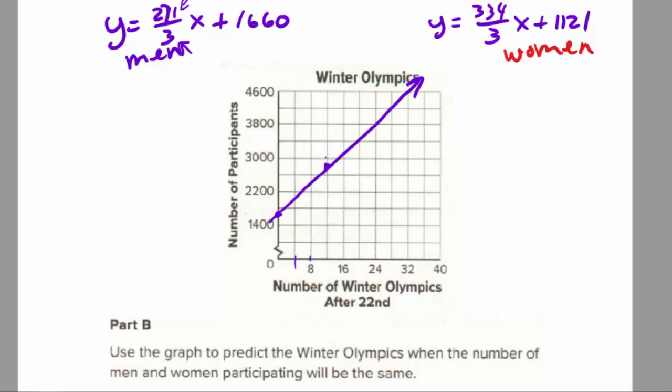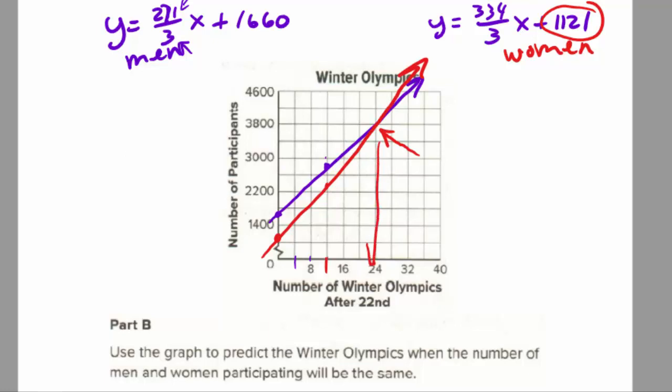So there's one graph. And our second graph is going to begin at 1121, which appears to be right around here. And I'm going to try to plot a point underneath this going over 4 times. If I go over 4 times, though, I'm going up about 1,300 or so from that point, which would put me right around here. And I draw my line through that. And it looks like they cross somewhere right about here.